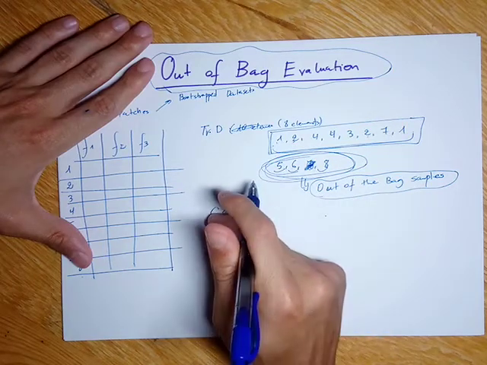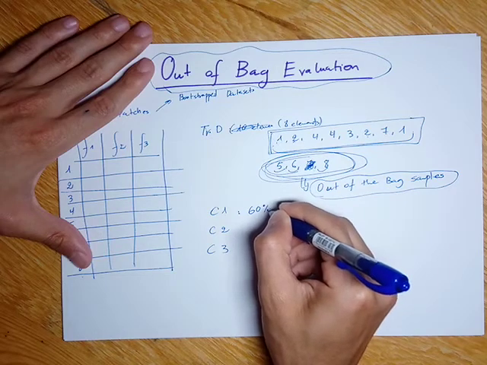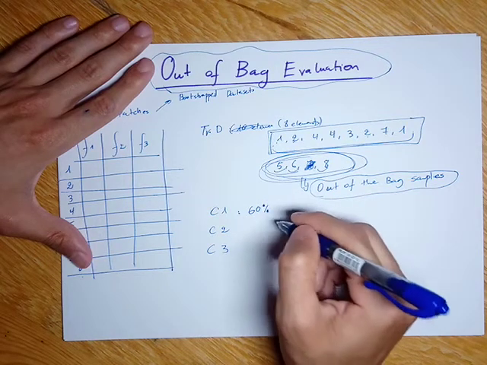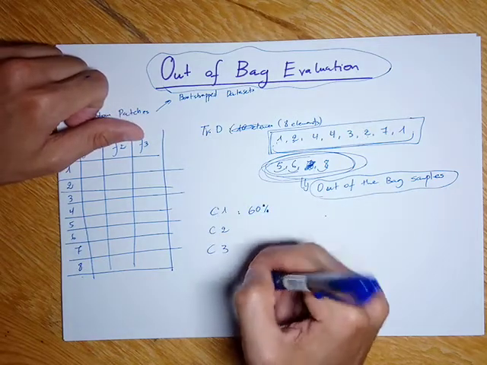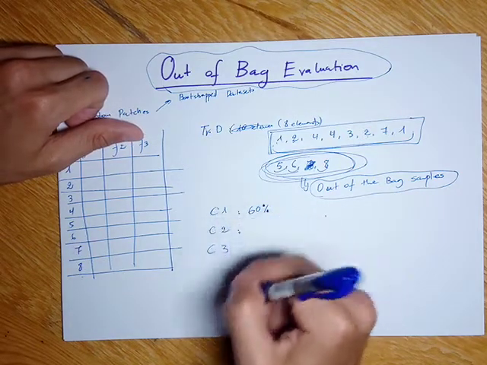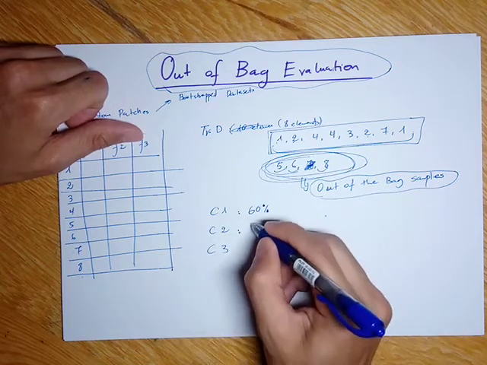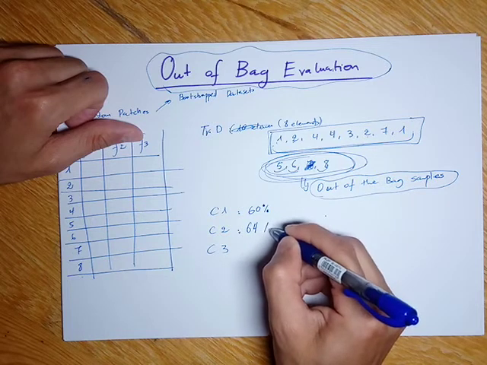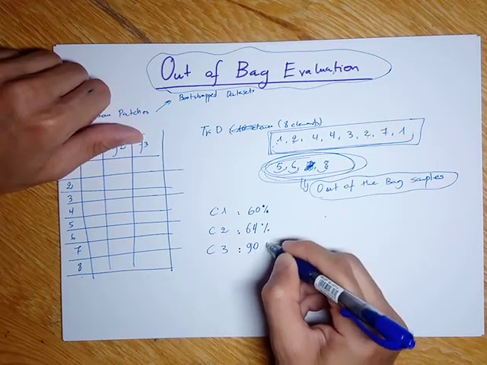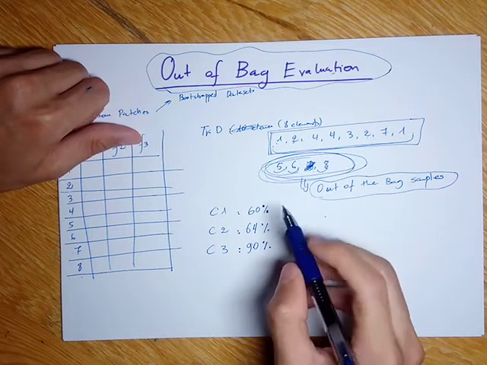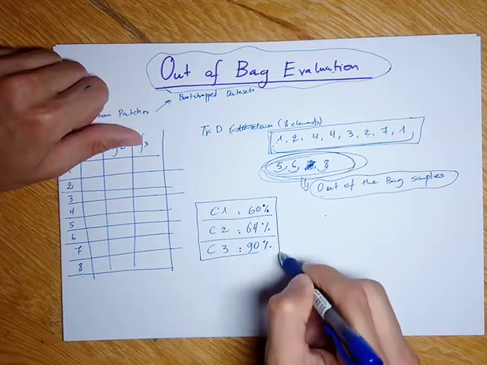Say that this classifier had 60% of classifications that are correct, then I say that 60% is the accuracy of this classifier. Similarly, I can give an evaluation for the remaining classifiers. I can say that this one has achieved an accuracy of 64%, and this one has achieved an accuracy of 90%. So this is the evaluation of each individual classifier.